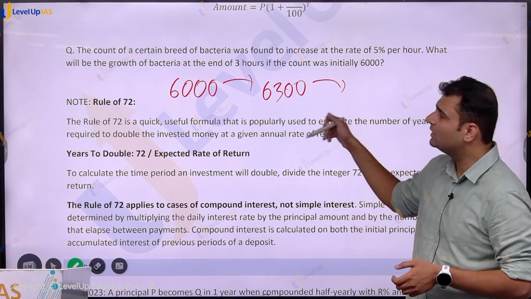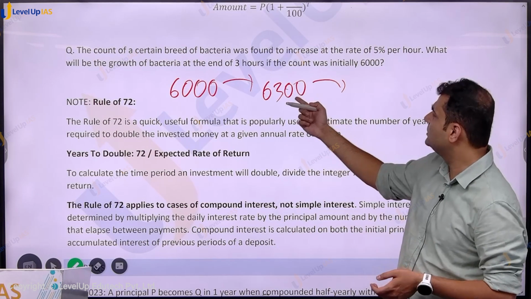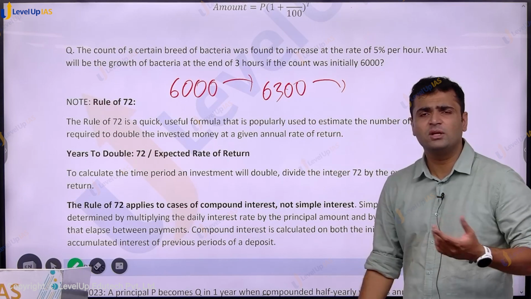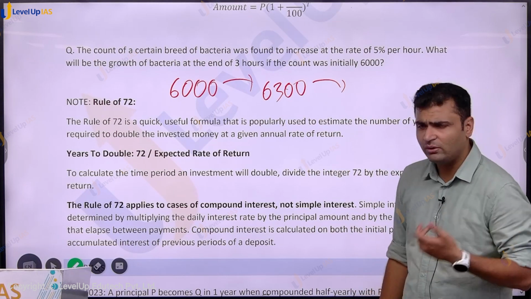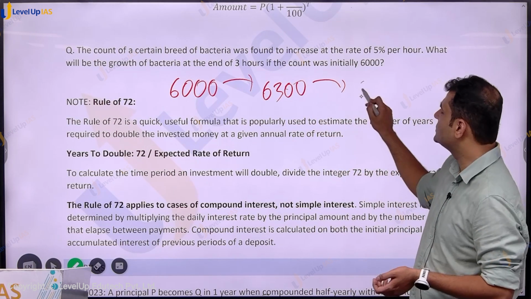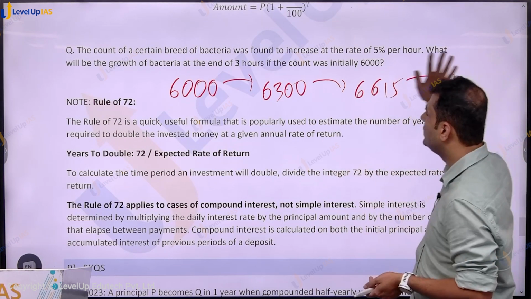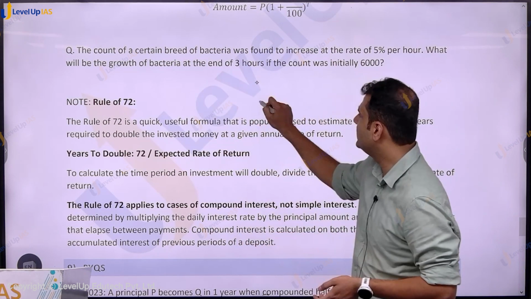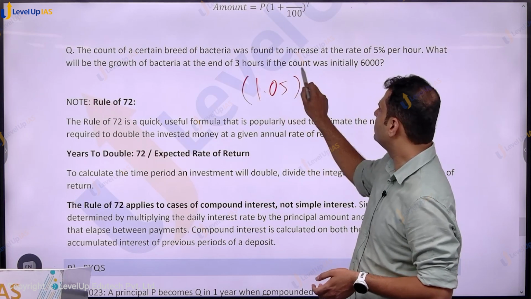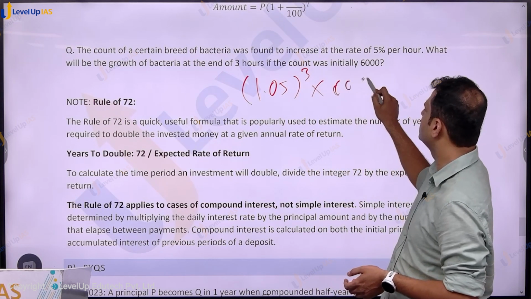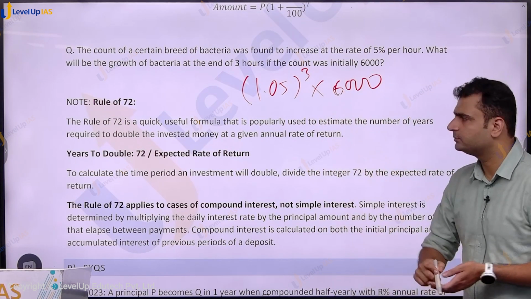Iska 5% increase. 10% is 630, 5% is 315. So 315 इसमें add कर दो. It will be 6,615. So ये करते जाना है. But you don't need to do this. You can just write it as 5% increase for 3 hours on 6,000. That will be the answer.